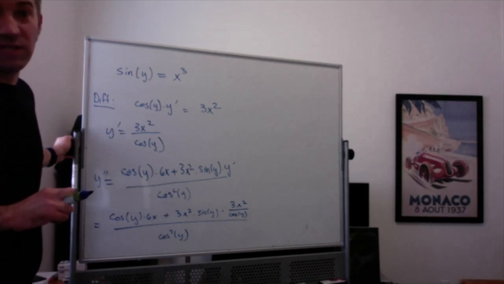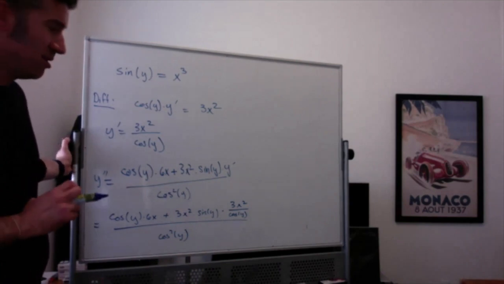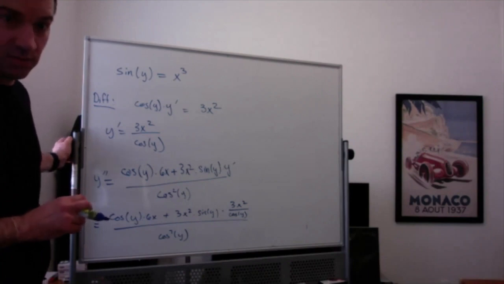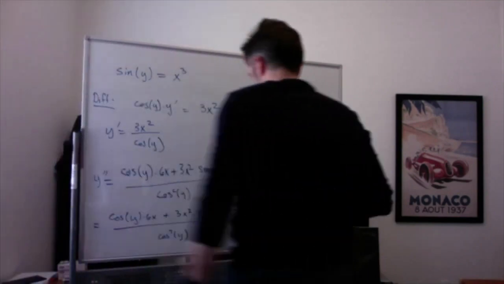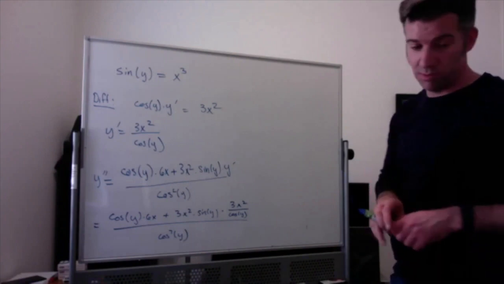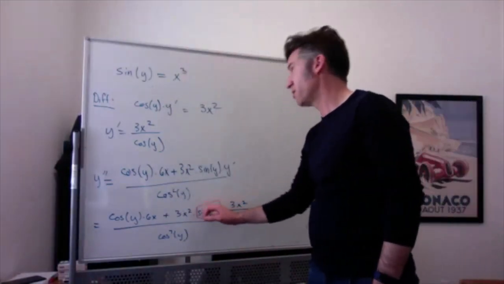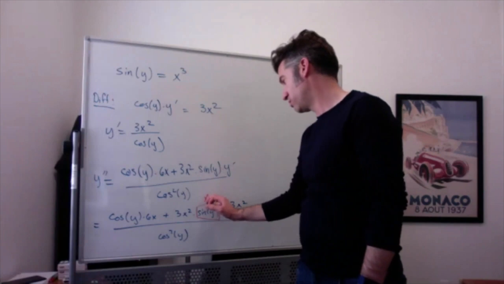And I'm not sure if that's where we need to leave it or not. There are things we could do, but they kind of start getting weird. I will point out, though, you could totally replace sine of y with x cubed.